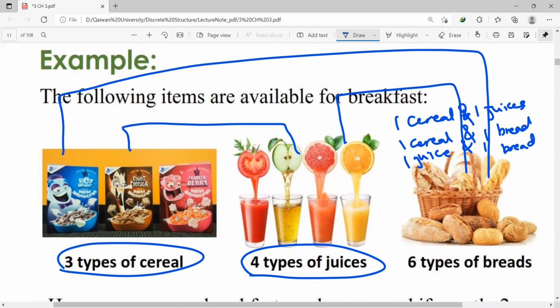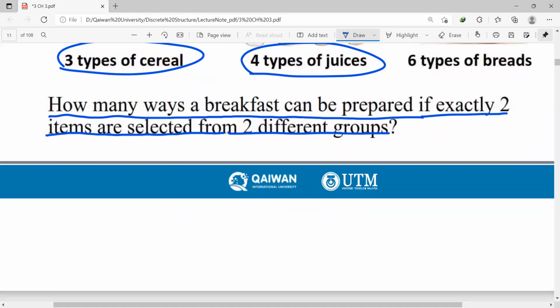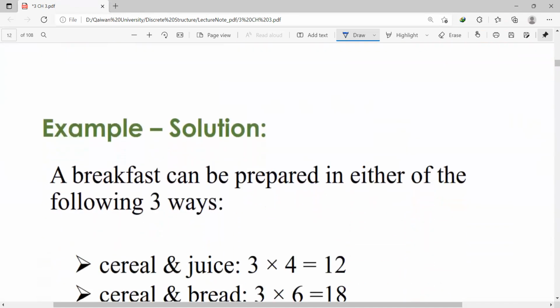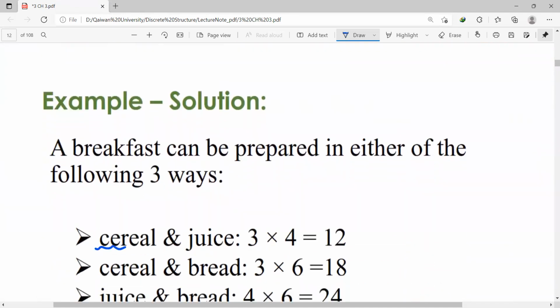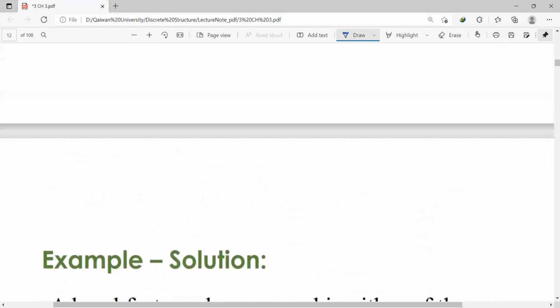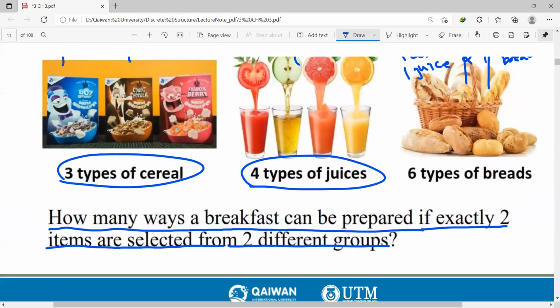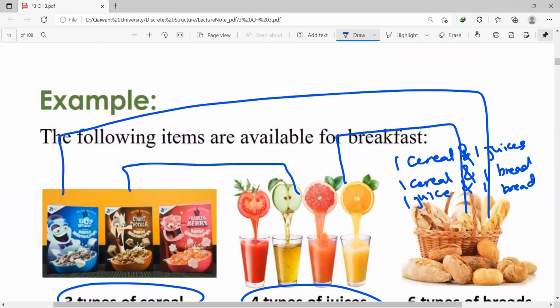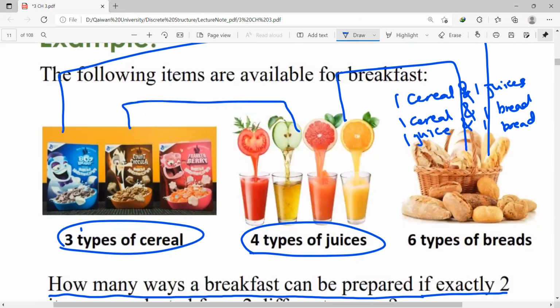We have 12 ways if we pick one from cereal and one from juices. As you see, it's written here. We say, if we pick an item from cereal and one from juice, it's 3 times 4 is 12. Okay, and let me write down here. Look, one from this is 3 ways.